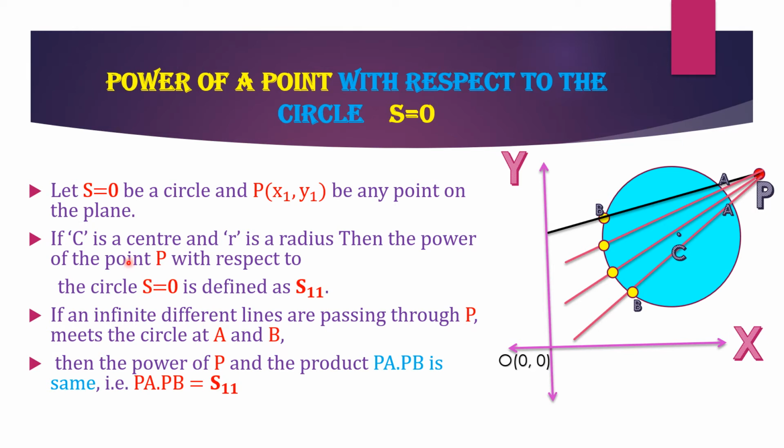Substituting these parametric points in the general form of the equation, we get the result in quadratic form. Then we observe that in the quadratic form, the product of the roots, where one root is PA and the second root is PB, is PA times PB, which is always equal to S11. So this is one more result on the power of a point.